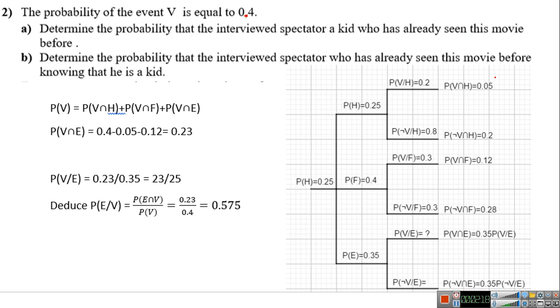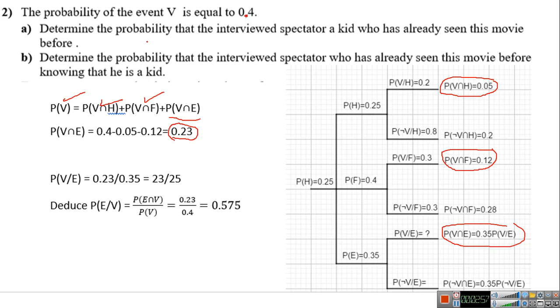We all know, because it's a total probability, P of V is nothing else than P of V intersecting H plus P of V intersecting F plus P of V intersecting E. Since P of V is 0.4, P of V intersecting H is 0.05, and P of V intersecting F is 0.12, if you want to find P of V intersecting E, it will be 0.4 minus 0.05, you can see it here, and minus 0.12, which is P of V intersecting F. So we have now P of V intersecting E.